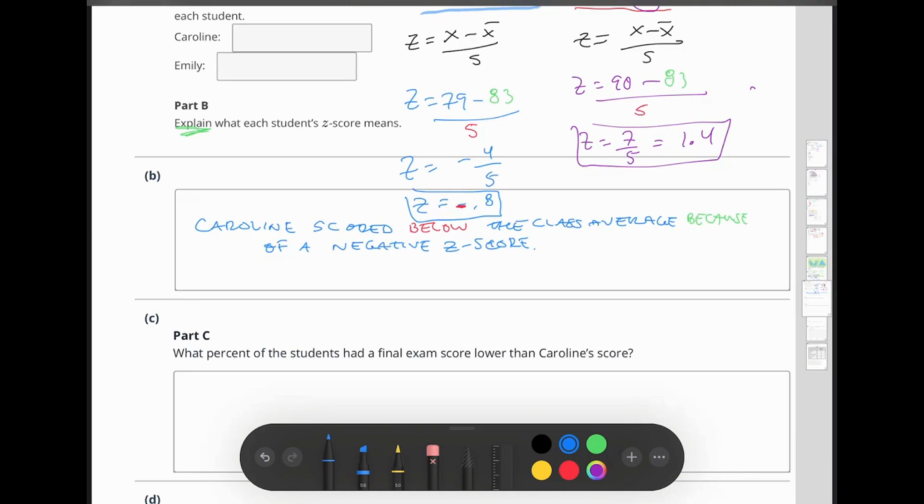Or you can say Caroline scored below Emily's, because Emily scored, this is a plus, so above the class average.